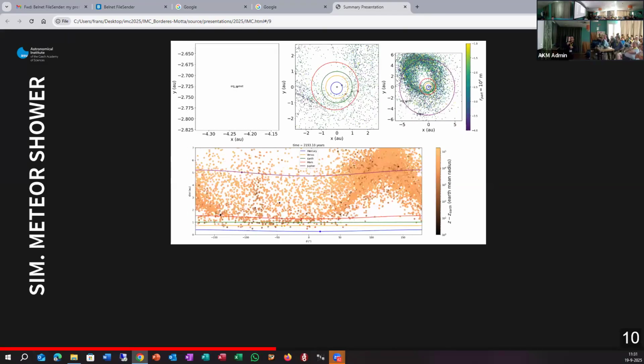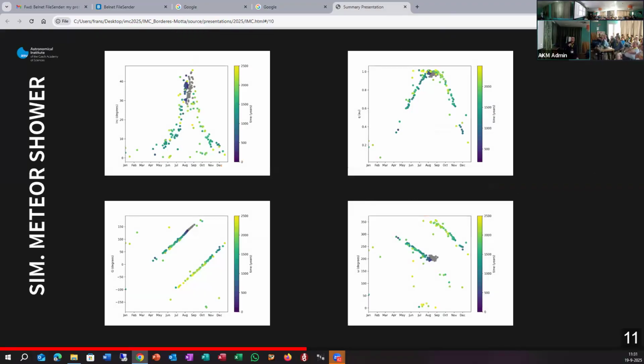Okay, very interesting, but let us see what we can have after. So here I'm showing the particles of this stream that collide with Earth. I'm considering one Hill sphere from Earth. In gray, you can see the meteors observed.